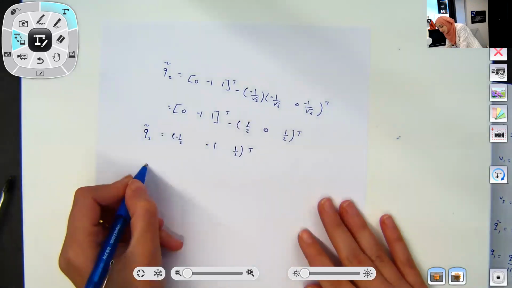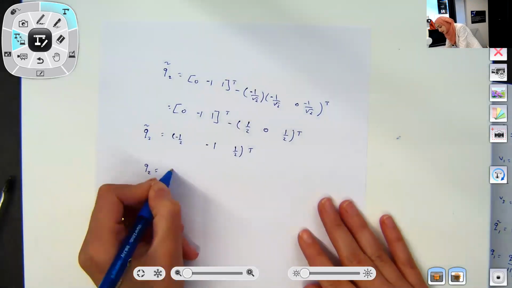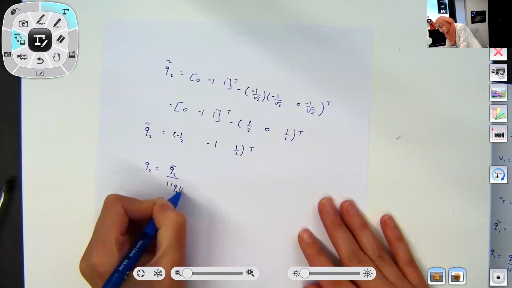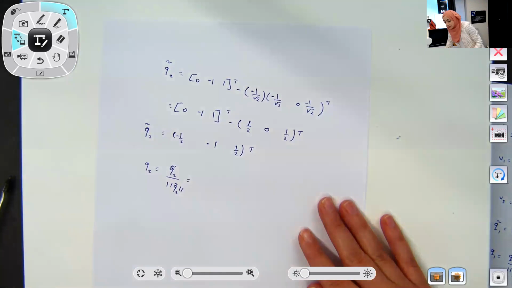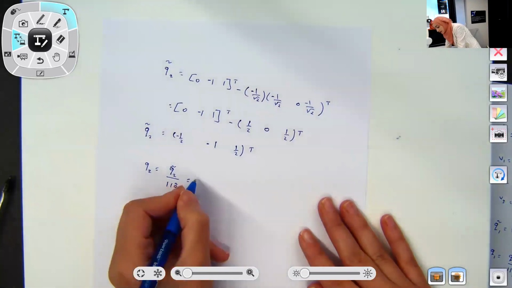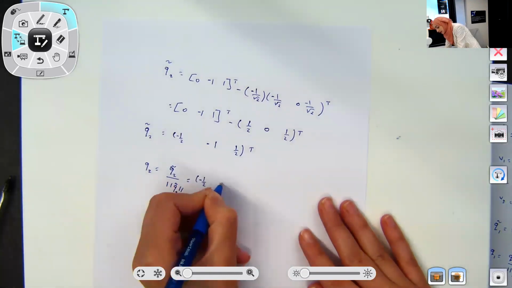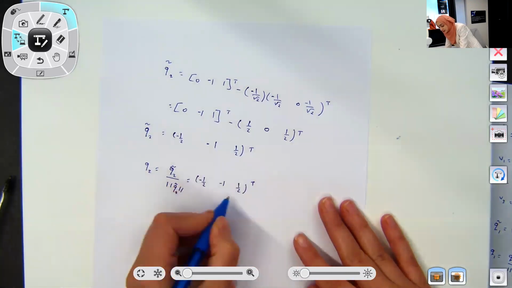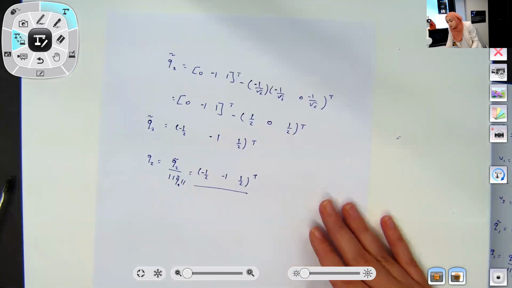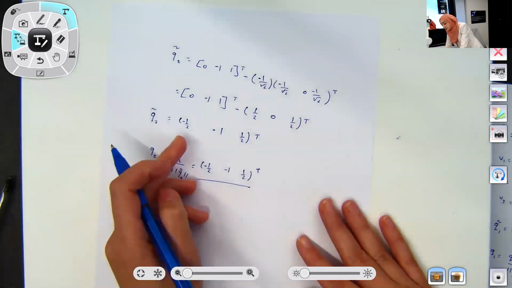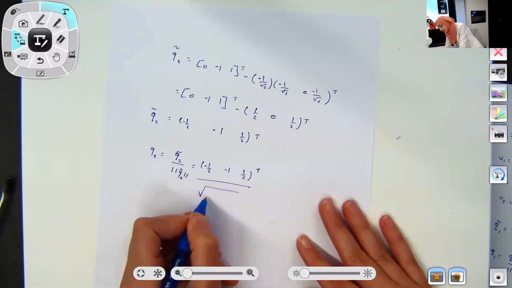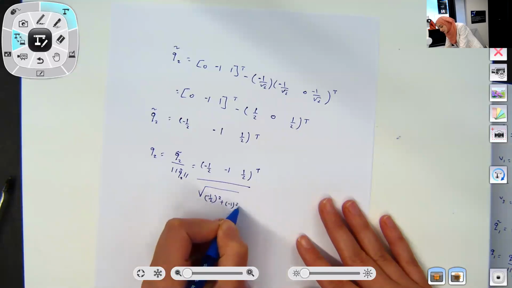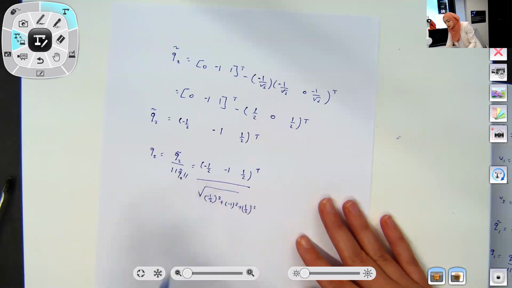To find the value of Q2, we need to find Q2 tilde divided by the norm of Q2 tilde. The vector Q2 tilde equals minus a half, minus 1, and a half transpose, divided by the norm of Q2 tilde. And the norm here is equal to the square root of minus a half to power 2 plus minus 1 to power 2 plus a half to power 2.